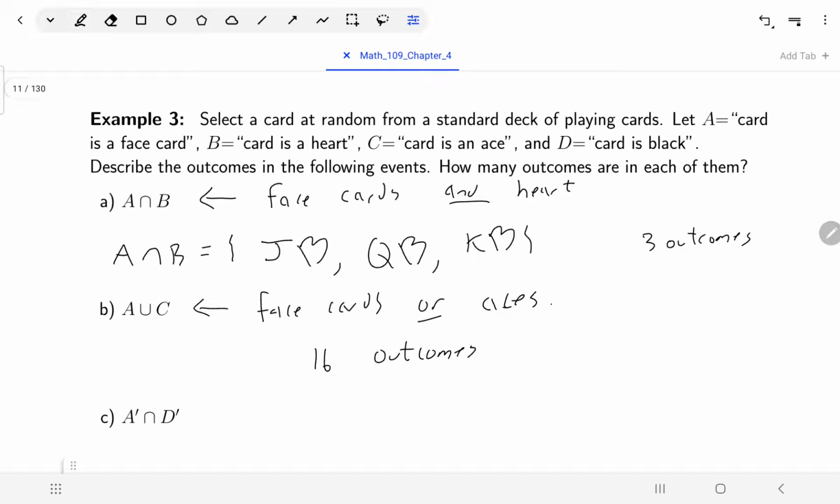Let's think about C now. A complement intersect D complement. So it's A complement, not a face card, and at the same time D complement, not black. So not a face card and also not black.